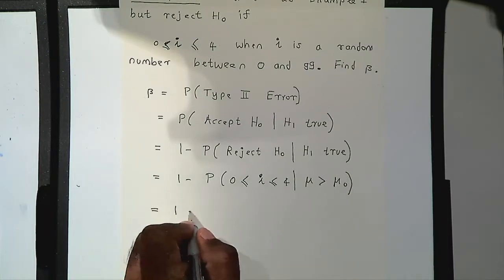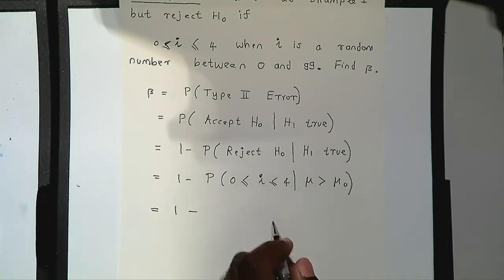Now, can somebody tell me what this probability is? The probability that I is between 0 and 4. You guys okay? Come on.